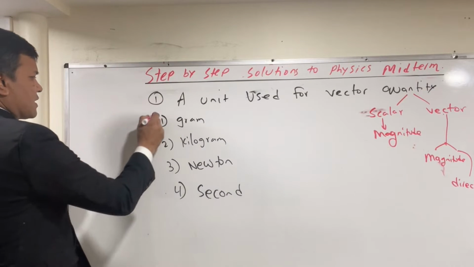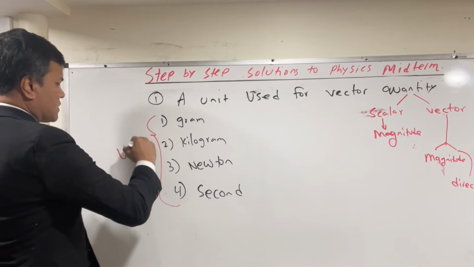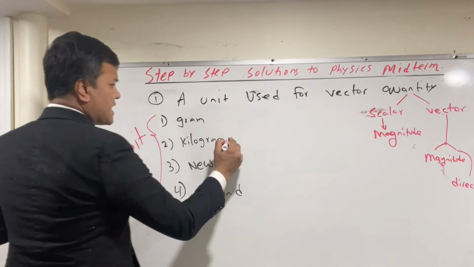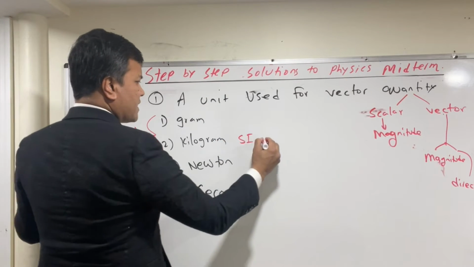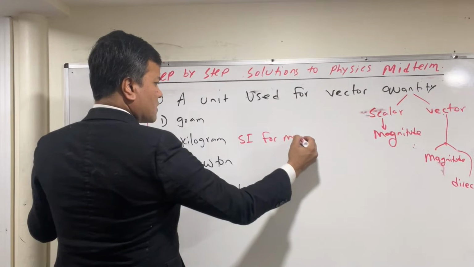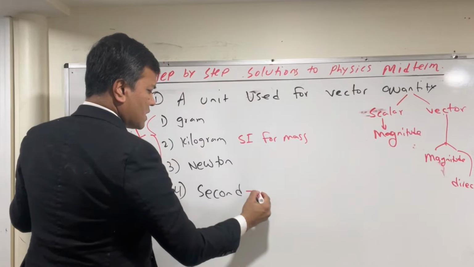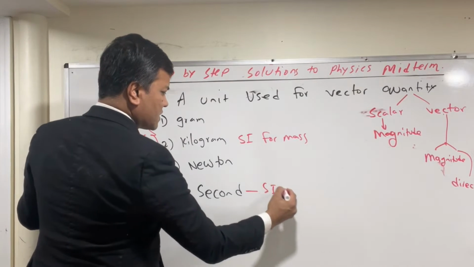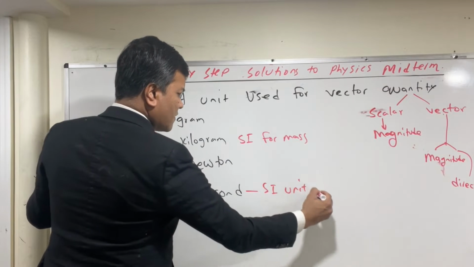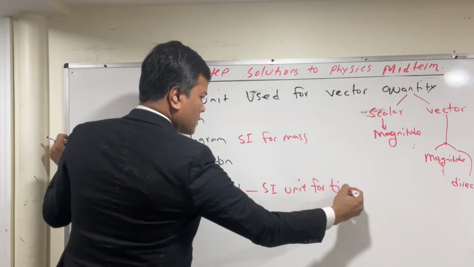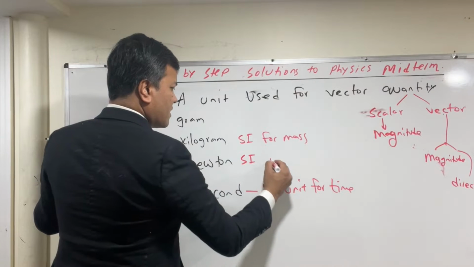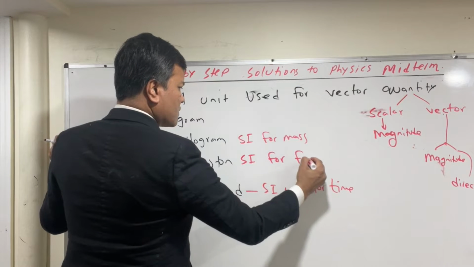These all four are units. This is SI unit for mass. This is SI unit for time. This is SI unit for force.